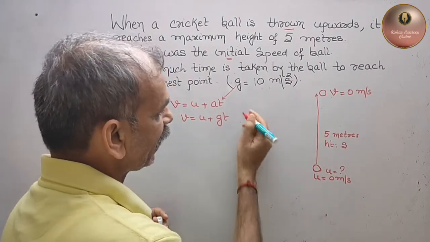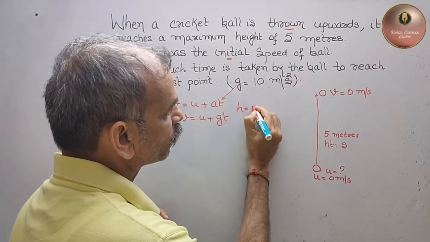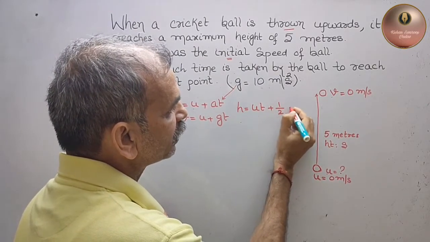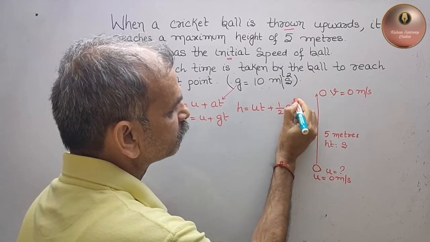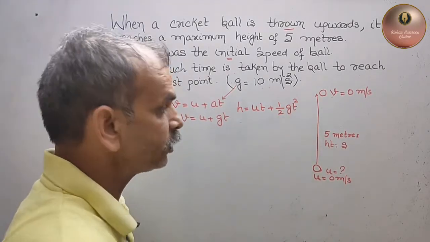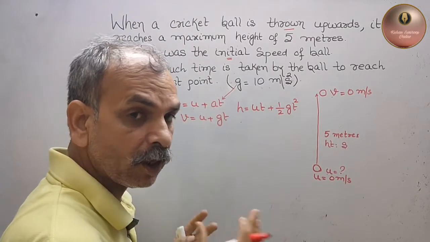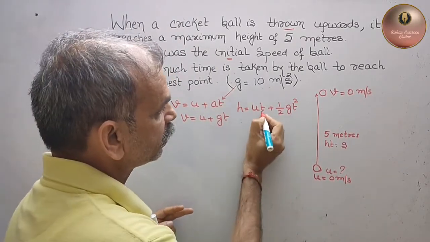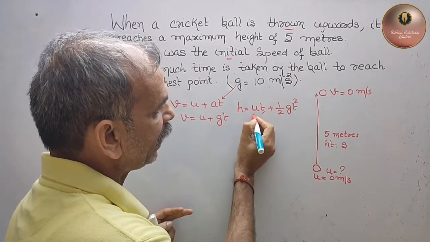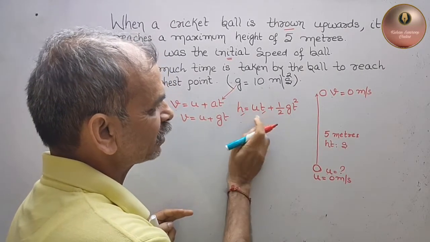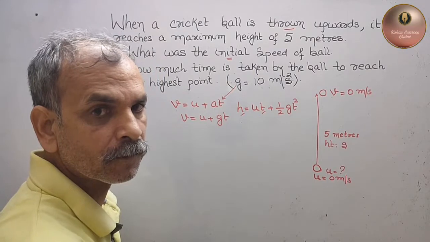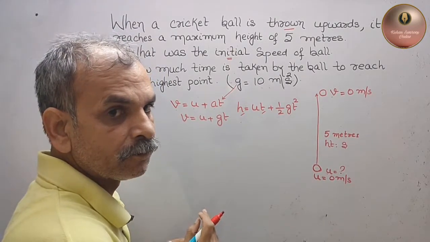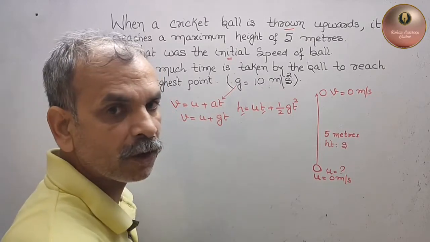So we can say h is equal to ut plus half gt square. This is your second formula. Here also we need two things: time and your distance. Time is required, so we can't go for this also.